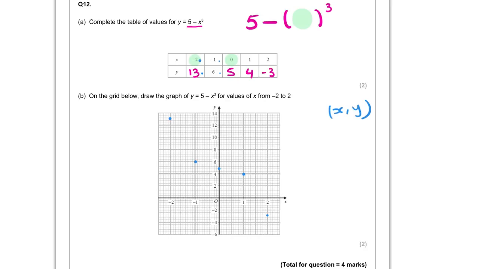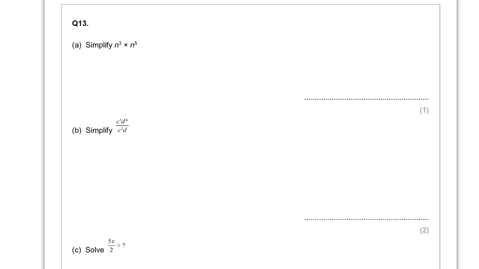And then what I'm going to do is I'm going to use a pencil. Sharpened. Okay, now whenever we draw curves, we don't want straight lines. We want a nice curve. Now this curve has to go through all of the points that you have plotted. All right, we're going to have a lovely curve. Now, look at that, 2 marks.